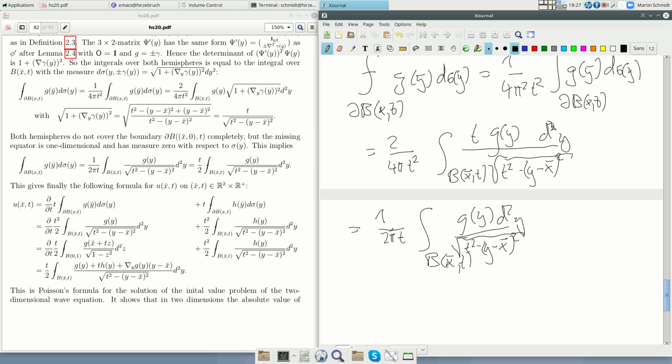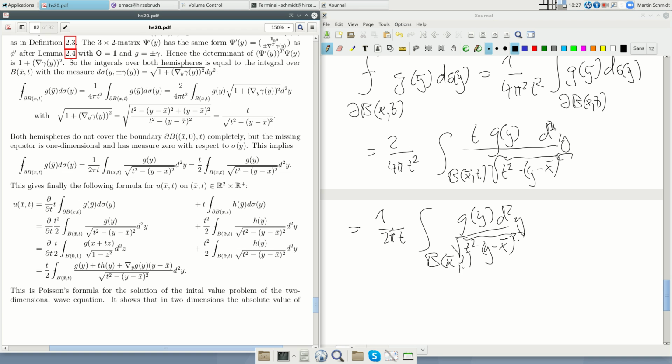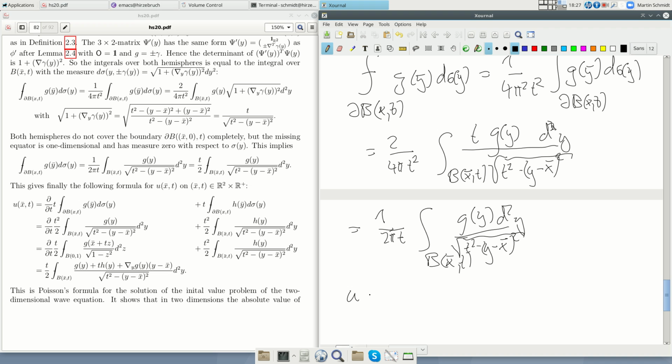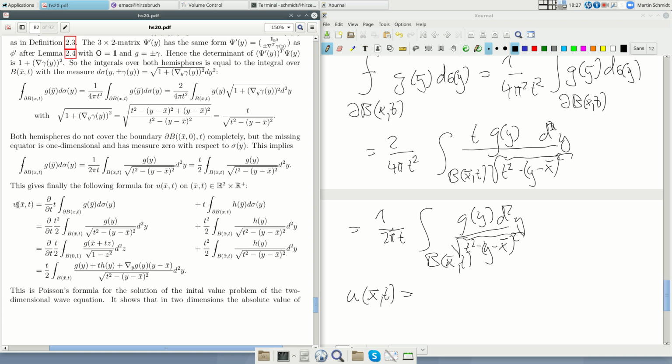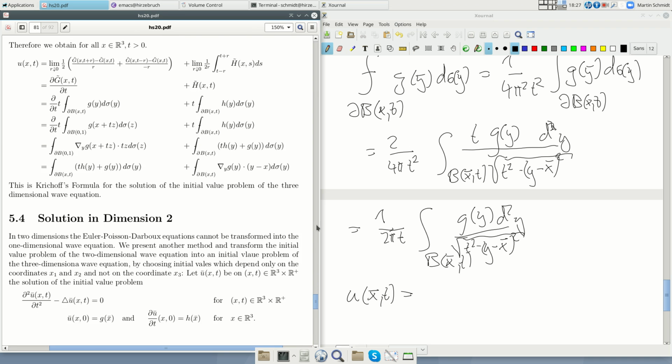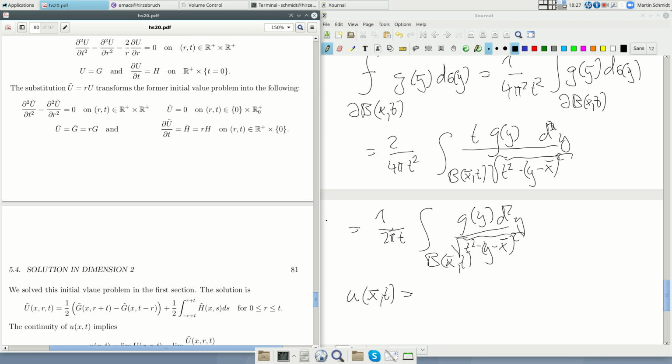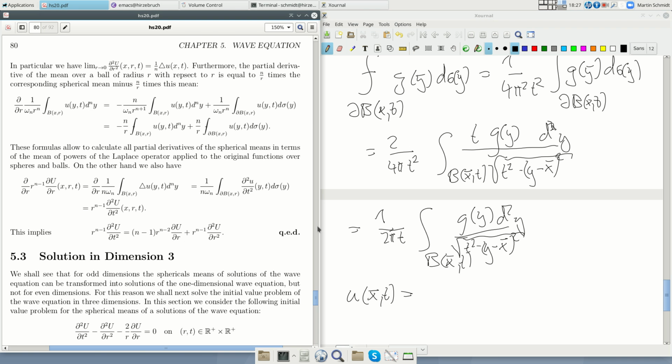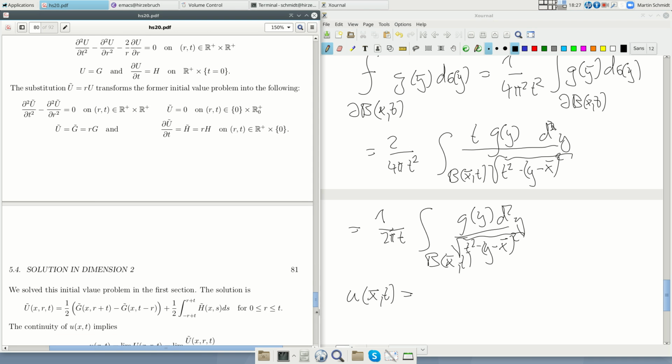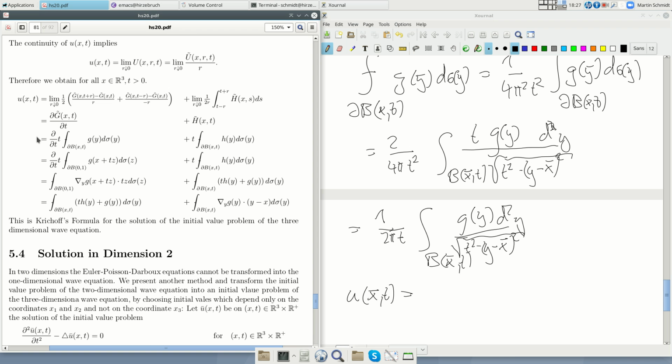Okay, now we insert this formula in our formula for the three-dimensional wave equation. So we obtain u of x bar t. This is now the two-dimensional solution. Now let's recall the three-dimensional solution, but we don't take the final form, we take this form here.